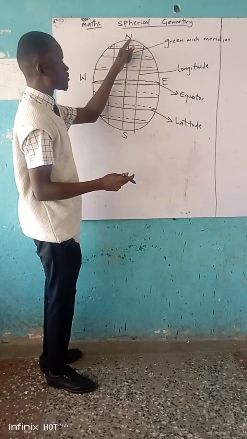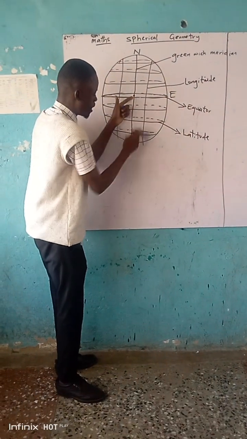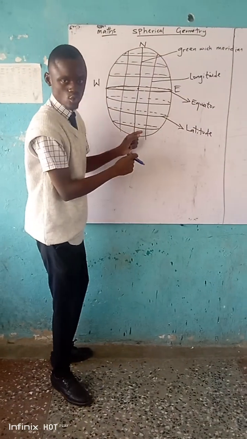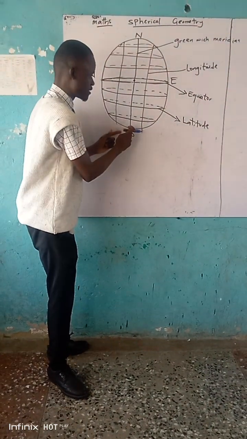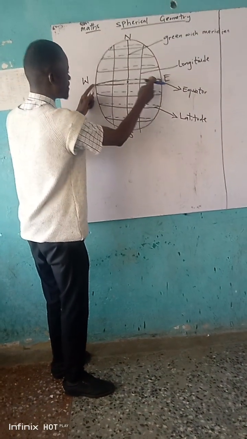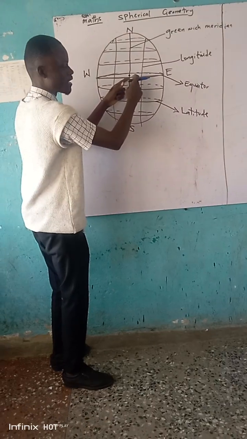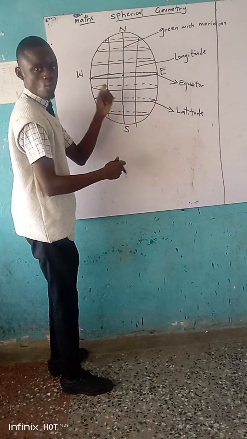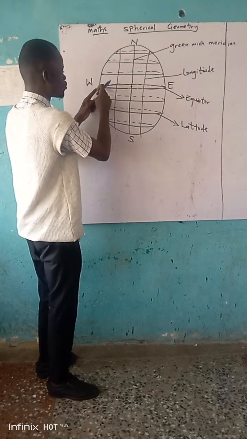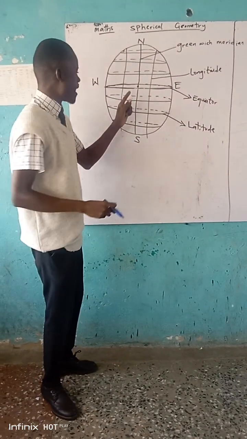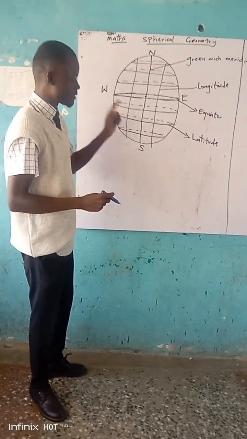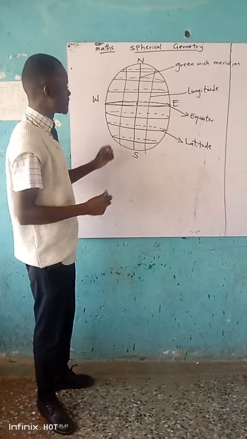From the equator down to the south, it also varies from angle 1 to angle 90. From the Greenwich meridian to the east varies from angle 1 to angle 180, and from the Greenwich meridian to the west also varies from angle 1 to angle 180. Take note of that. Very interesting.